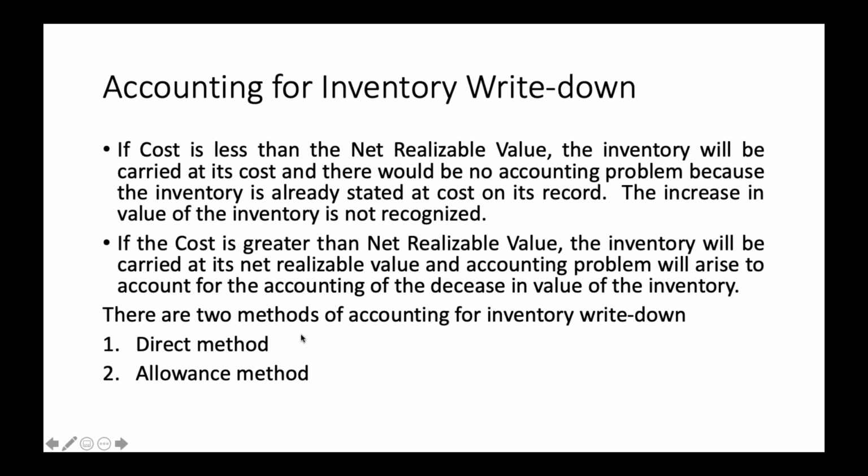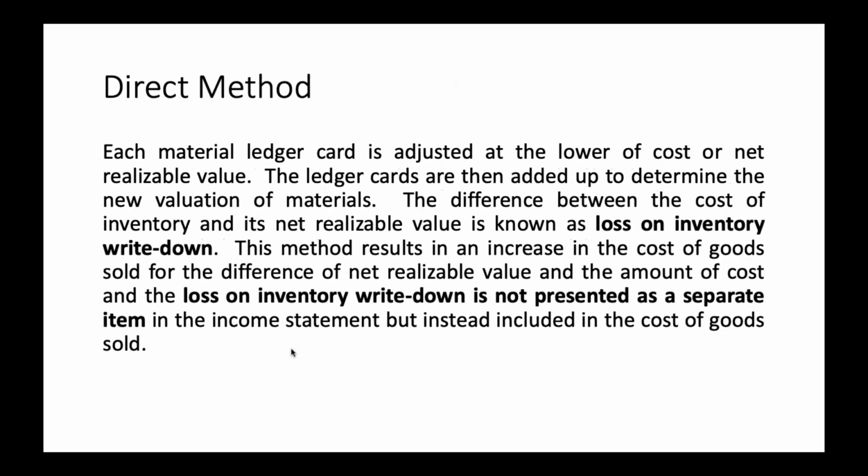So we have two methods of writing down inventory, direct and allowance method. Using direct method, each material ledger is adjusted at the lower of cost or net realizable value. The ledger cards are then added up to determine the new valuations of materials.